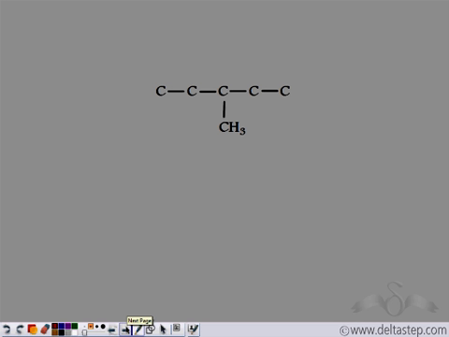So let's count. We have 1, 2, 3, 4. So if we take this chain, we get 4 carbon atoms. If we take this chain, let's count, we get 1, 2, 3, 4. Again we get 4 carbon atoms. Let's take this chain now. So we get 1, 2, 3, 4, 5.